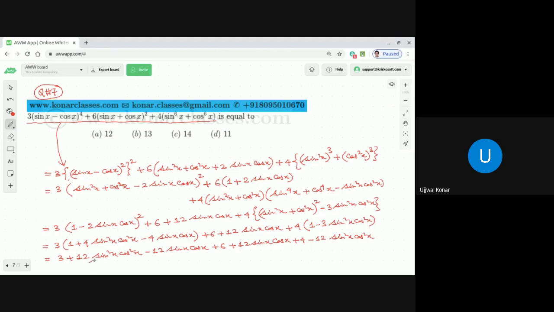So plus 12 sin square x cos square x minus 12 sin square x cos square x got cancelled. Minus 12 sin x cos x plus 12 sin x cos x got cancelled. So we are left with 3 plus 6 plus 4, that is equal to 13, and we get the correct option as B.